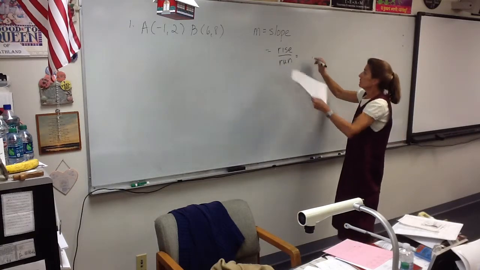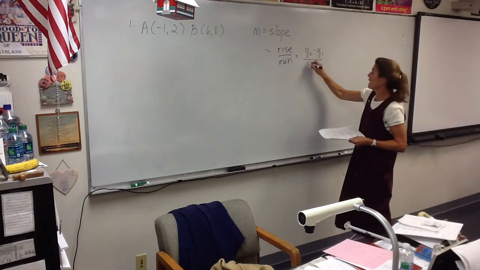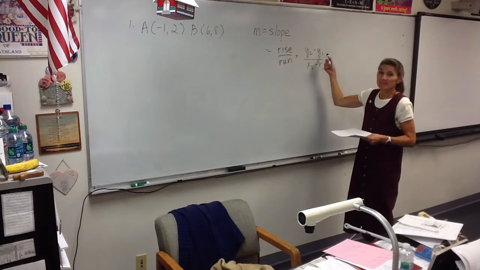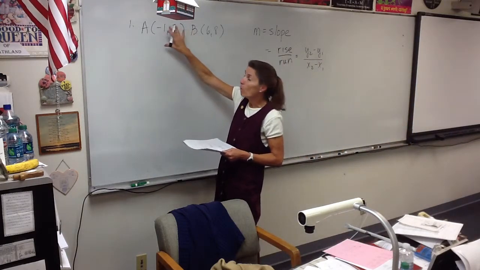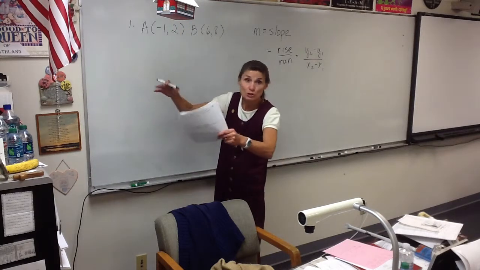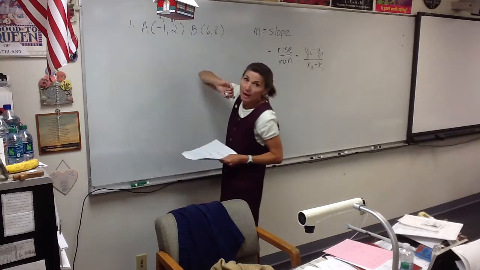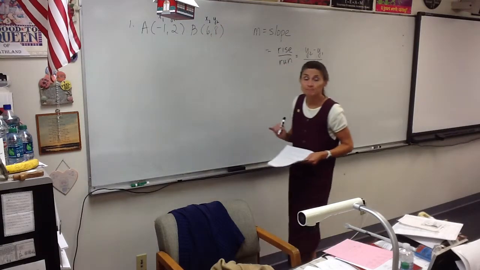So, y minus y over x minus x. These letters stand for, okay, if we call this point 1, our first point, then this would be our first x and our first y, and this would be our second x and our second y.